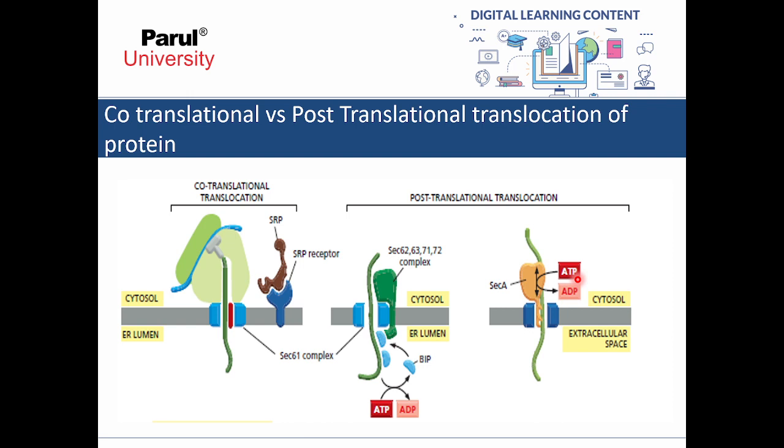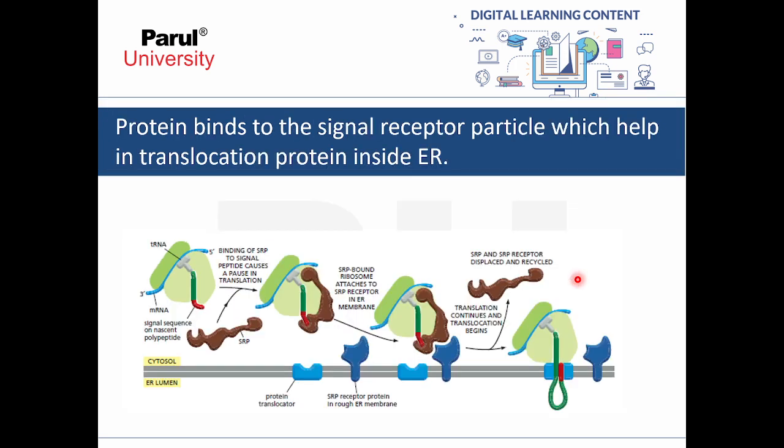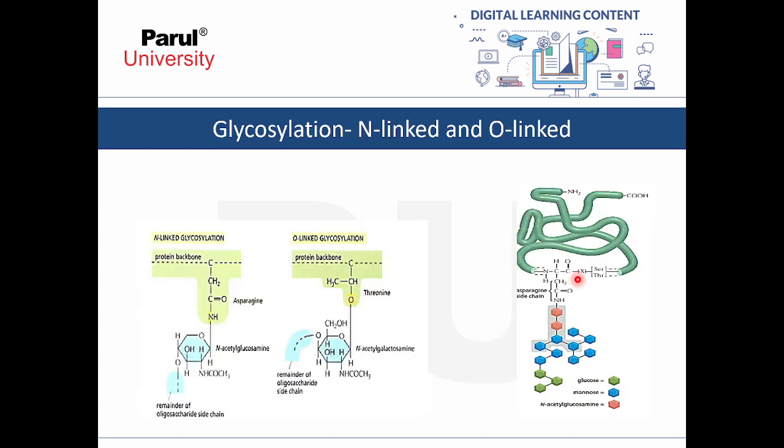Post-translational means that the proteins are transported after they have been completely translated, while co-translational means that while the protein is being synthesized, it simultaneously enters the rough endoplasmic reticulum. The proteins bind to signal recognition particles, which help in translocation of the protein into the ER.